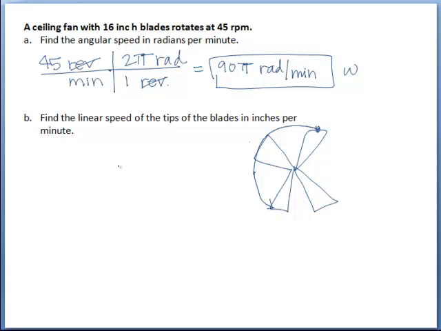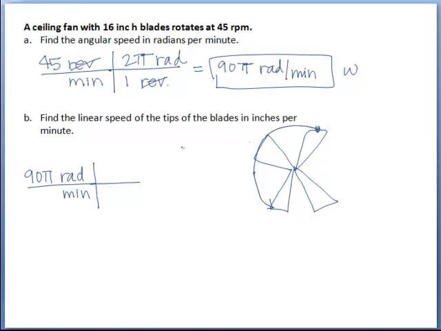So we need to take omega, which is 90 pi radians per minute, and we need to convert radians per minute to inches per minute.